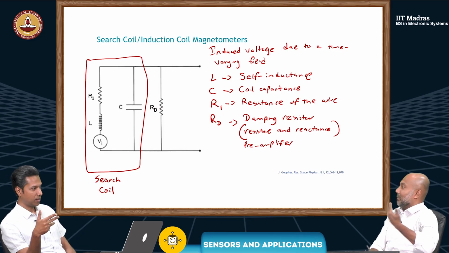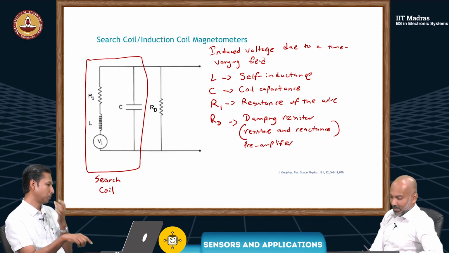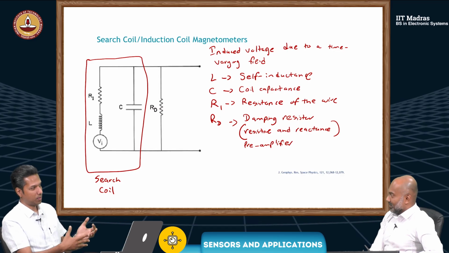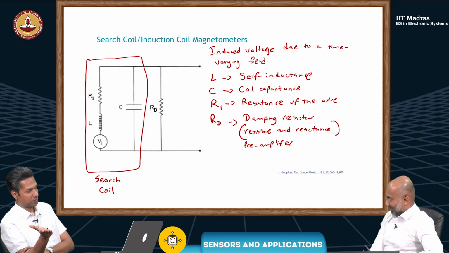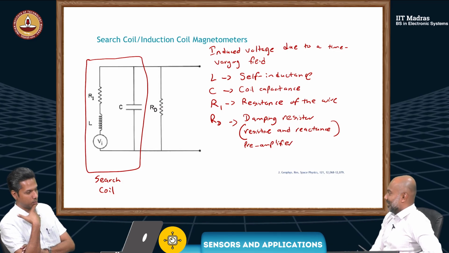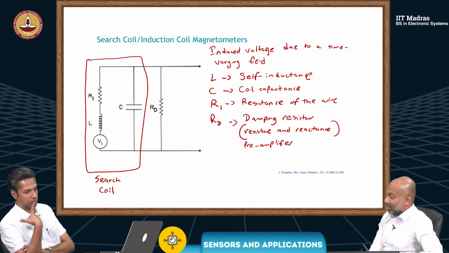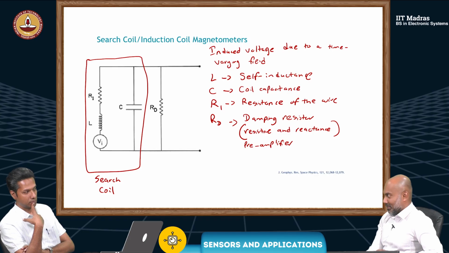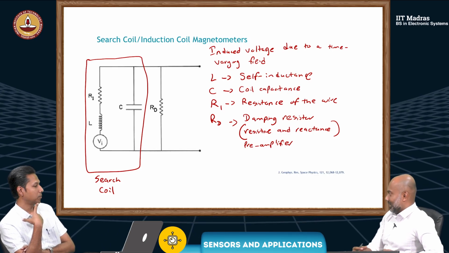Yes, that's the time varying flux density that is being measured. Now, on top of that, this RLC also depends on the frequency, your reactances. So then you'll need an external way to control the output or the outcome of this circuit.